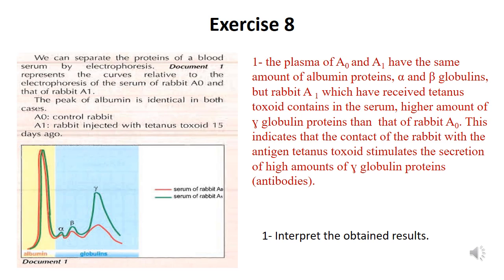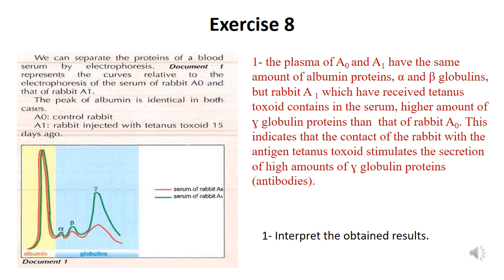In green, these are the measurements of certain antibodies found in the serum of rabbit A1 that actually is injected with tetanus toxoid 2 weeks ago. And of course, other than the globulins that are the antibodies, there is measurement of a protein called albumin found in the serum.